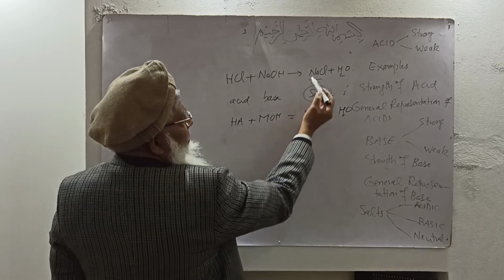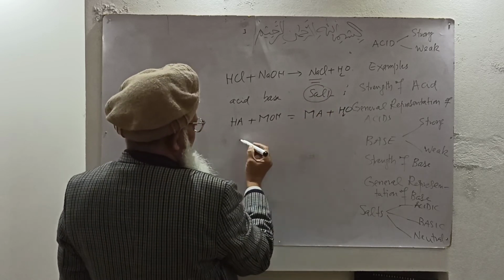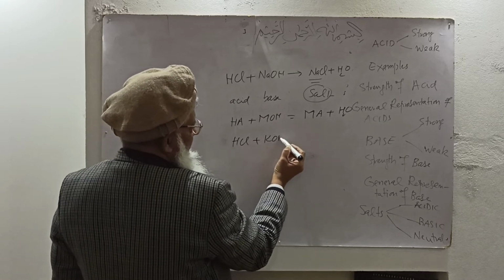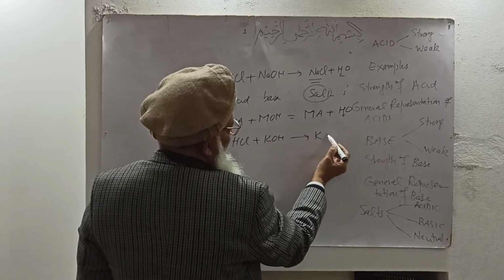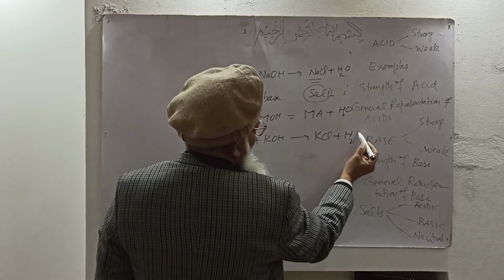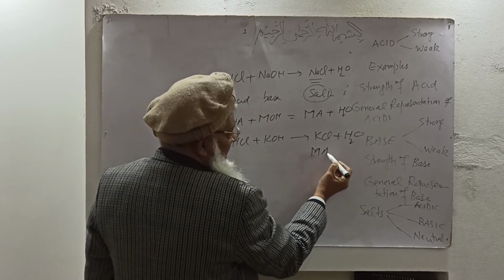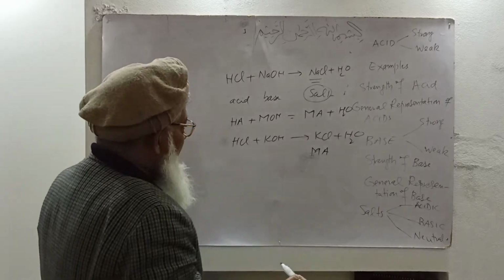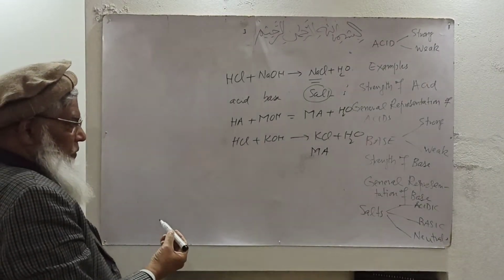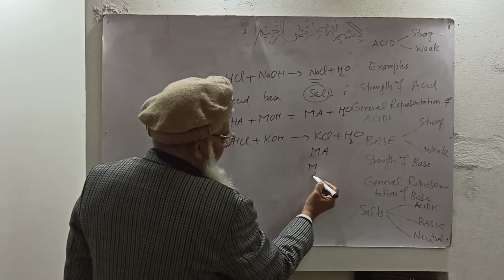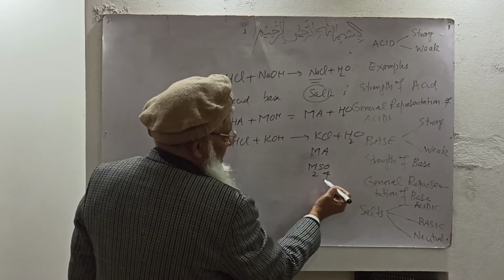Metal A, say HCl plus KOH gives KCl plus water; KCl is the salt, K is the metal. Similarly, if there is a diprotic acid like sulfuric acid, it gives M2 sulfate.